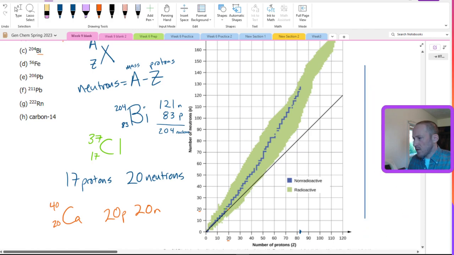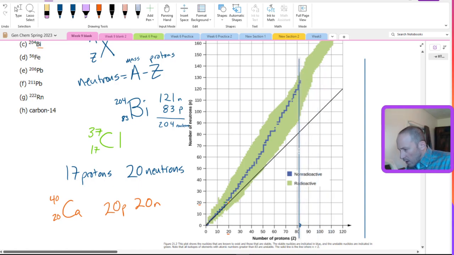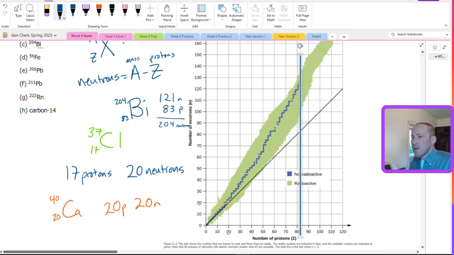I'm holding down shift, so it's going at distinct angles. So I want to point out that this is only valid if you make sure that the line is perpendicular to the x-axis, right? So right here at 83, I just drew that line. And let's do another line on the y-axis. Let's do it in that color for fun.